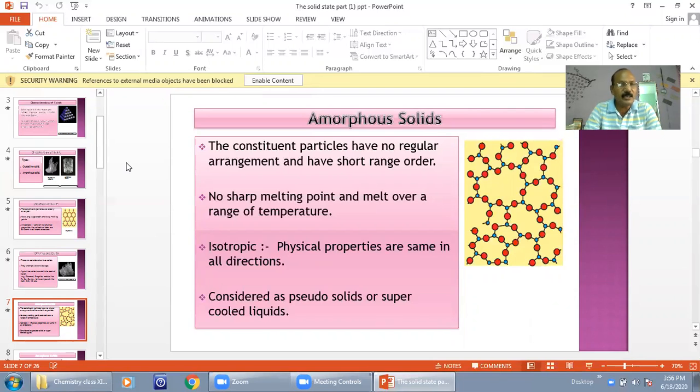It means physical properties of amorphous solids are the same in all directions. Moreover, they are called pseudo solids, because of which they can form super cooled liquids. For example, glass is an amorphous solid. When we heat it, it can melt, it can fuse, and it can flow like a liquid. Hence, they are called super cooled liquids.